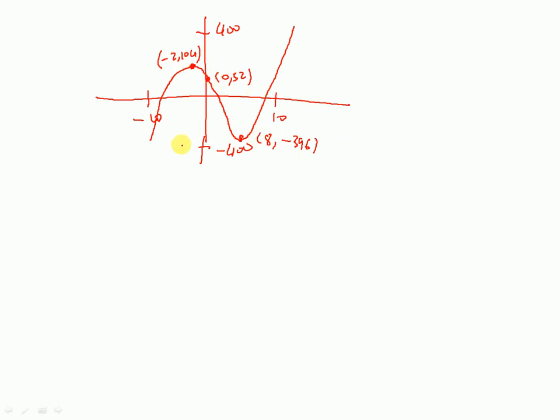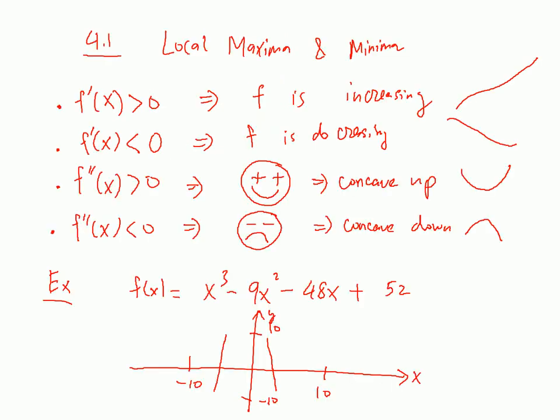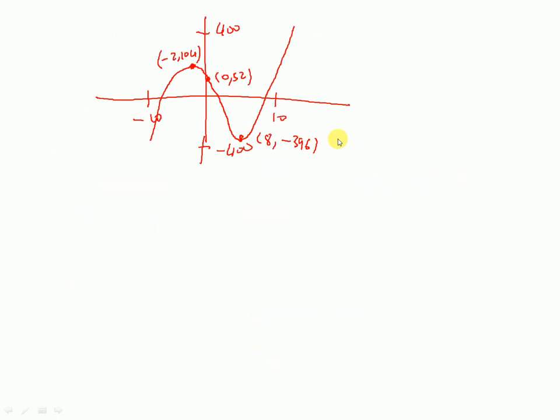Now, remember, we can use the first derivative to see where the function is decreasing and where the function is increasing. Remember, go back to the previous slide. If the first derivative is positive, then your function should be increasing. If it's negative, your function is decreasing. Okay. So remember that we have the function as what?